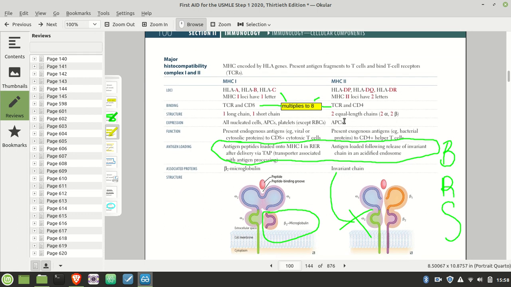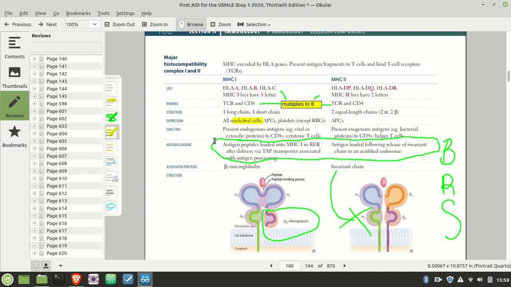So, antigen presenting cells love some MHC class 2. MHC class 1, all nucleated cells. Except, of course, red blood cells. They'll test you on that.